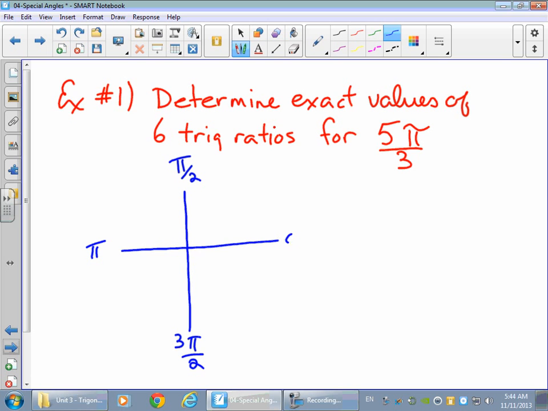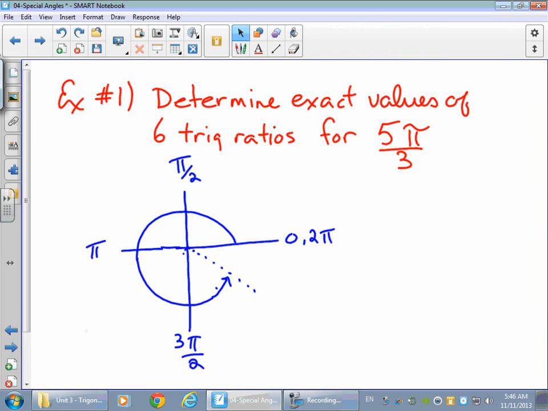And this is 0 or 2 pi. So 5 pi over 3 will take me past this and around to over here somewhere. So 5 pi over 3 gets us all the way around into the fourth quadrant.